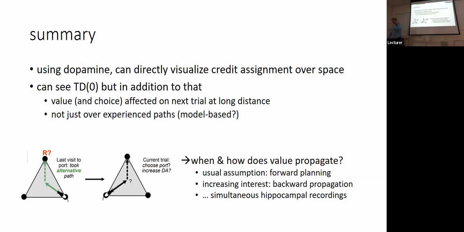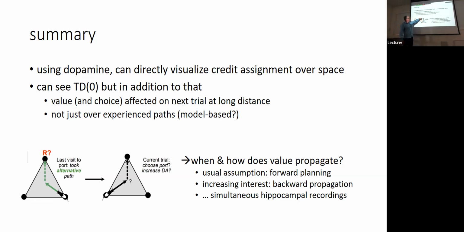And so that leads to the question, which is where this work is going, but it's not done yet, which is really, how is this happening? Now that we have a clear signature of value being transported over space, what's going on? I think the most standard answer to that question is non-local replay in hippocampus, as I'll talk about, and it's usually assumed, although not for a particularly good reason, I think, that this is occurring maybe forward to choice.